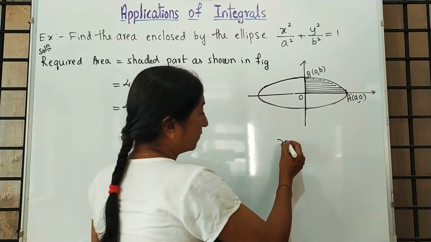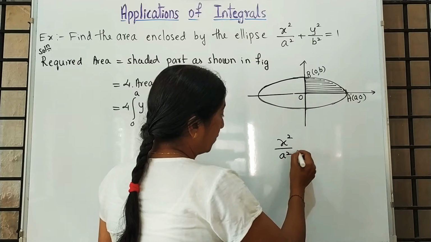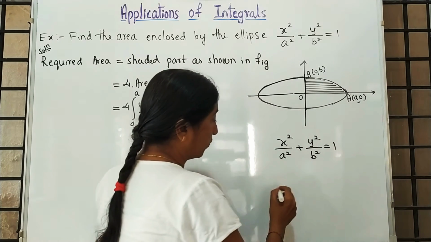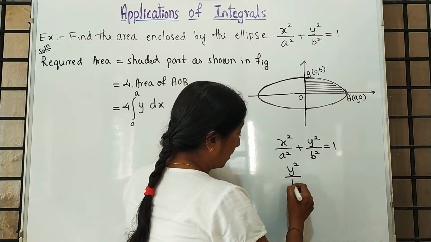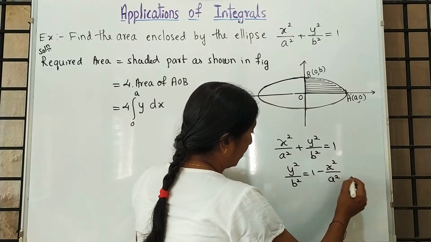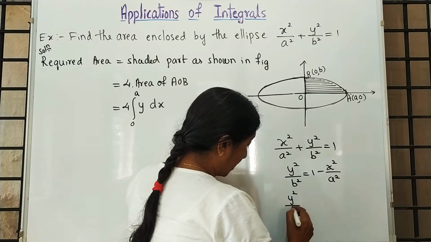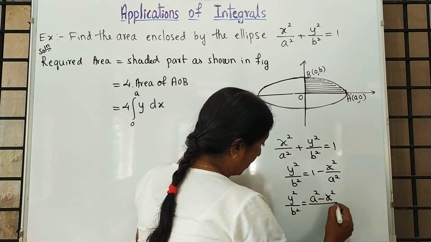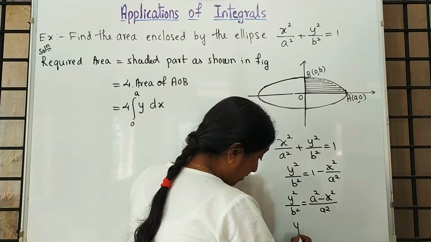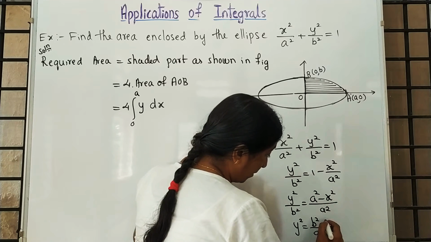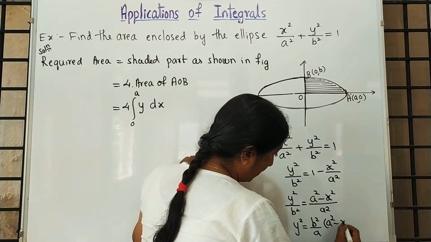And see here, it is x square upon a square plus y square upon b square is equal to 1. What is y square upon b square? It is 1 minus x square upon a square. Next, y square upon b square is equal to a square minus x square upon a square. y square is equal to b square upon a square into a square minus x square.